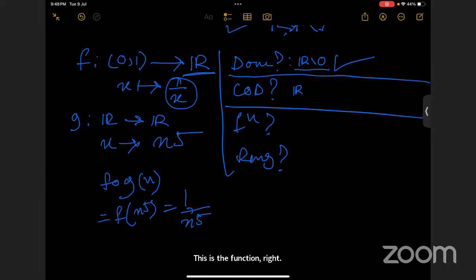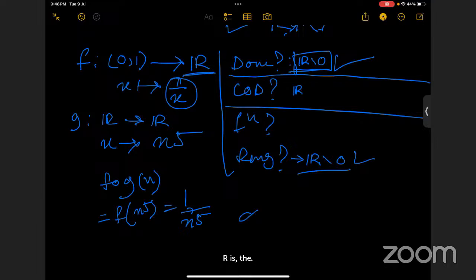So what is the range now? We got our domain. So what is the range? Any real number. You are saying that R except 0. Yes.